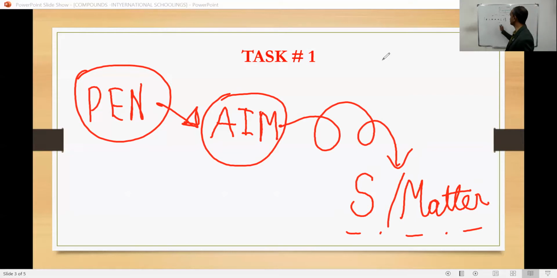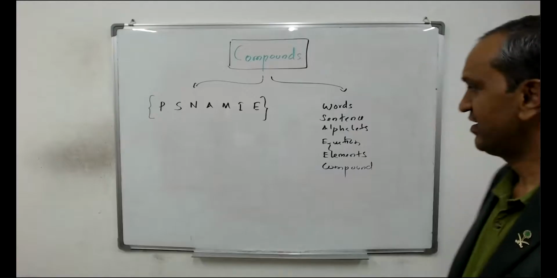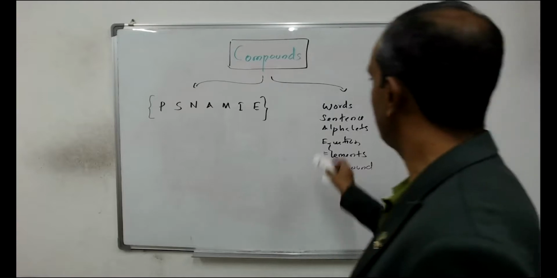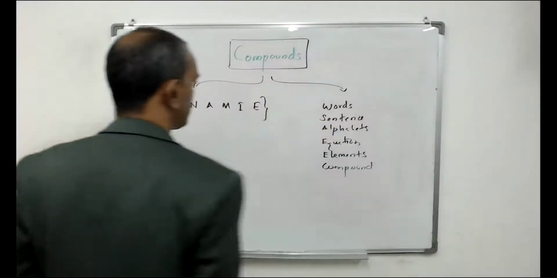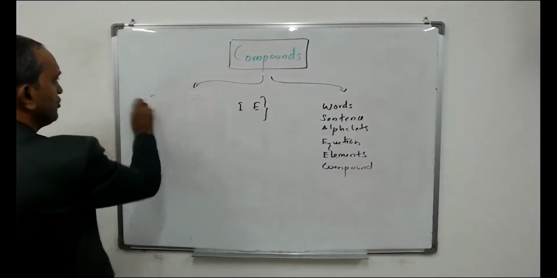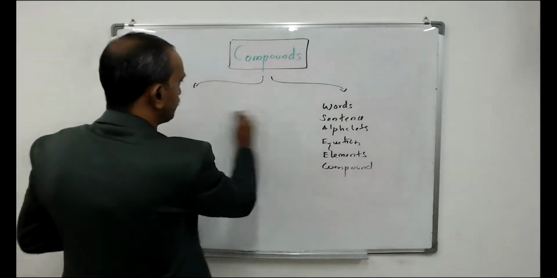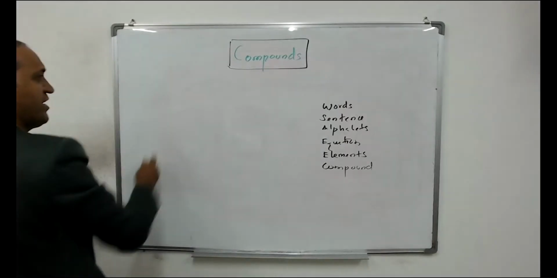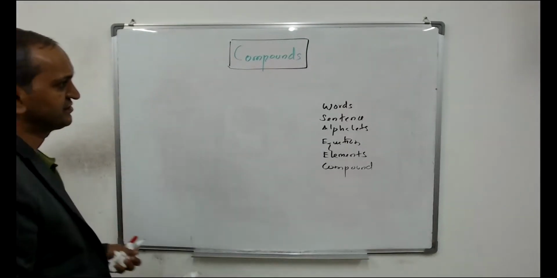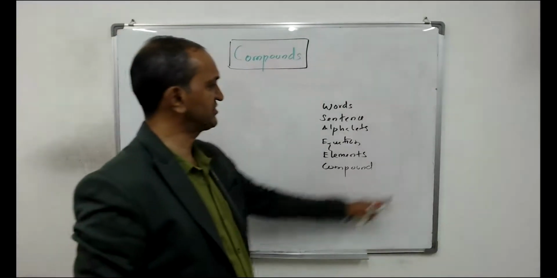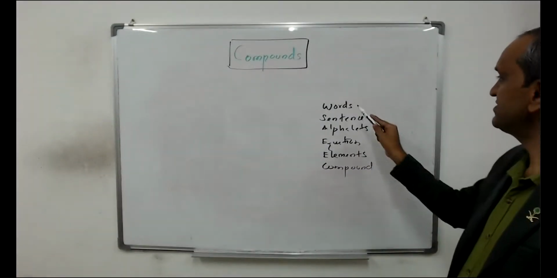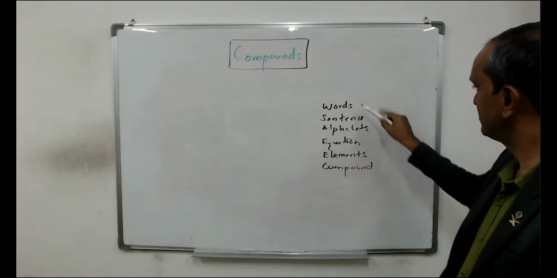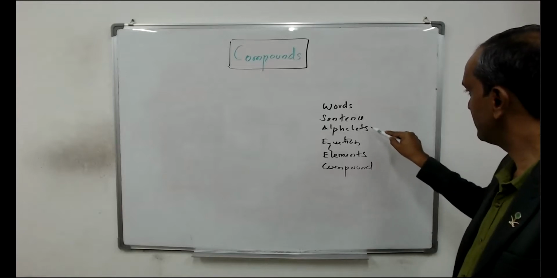Now moving to the next task, let me explain the relation between these 6 words. These 6 words give you an idea of the way a language is constructed. A language has 3 basic elements. What are those?